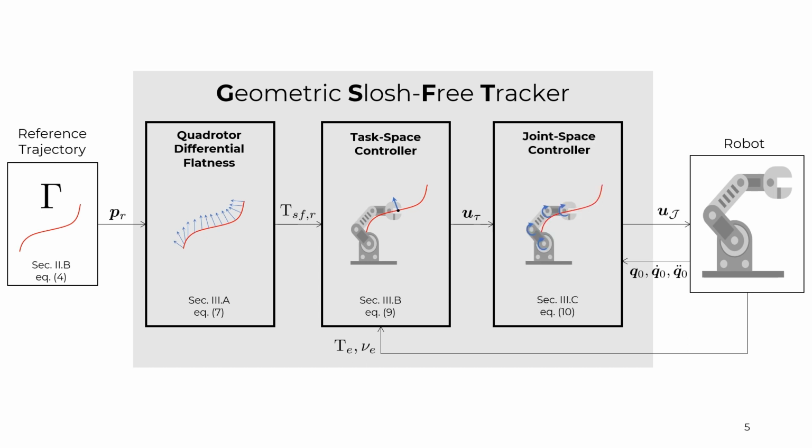Third, we utilize resolved acceleration control to formulate a convex quadratic program that maps the desired task space accelerations to joint space while satisfying the robot's kinematic constraints. In the upcoming slides, we provide further details about each of these three blocks.